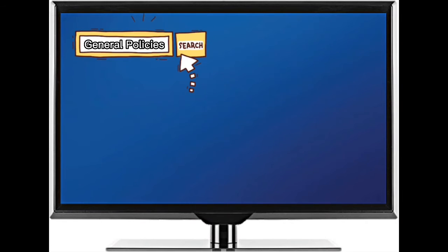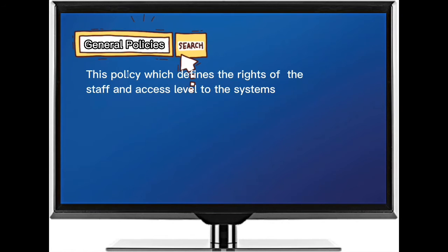General policies. This is the policy which defines the rights of the staff and access levels to the systems. Generally, it is included even in the communication protocol as a preventive measure in case there are any disasters.